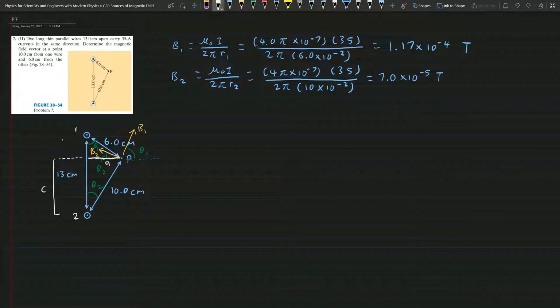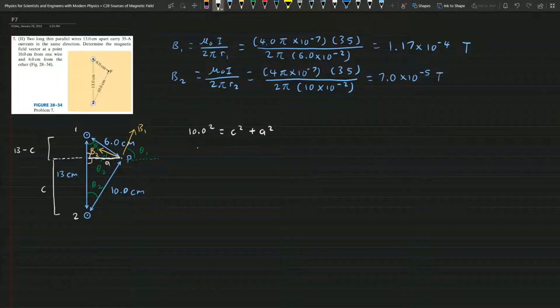So we know the upper part here is 13 minus c, and the angle here is 90 degrees. Let's see the triangle. So we have 10.0 squared equals c squared plus a squared. Now we look at the upper triangle.